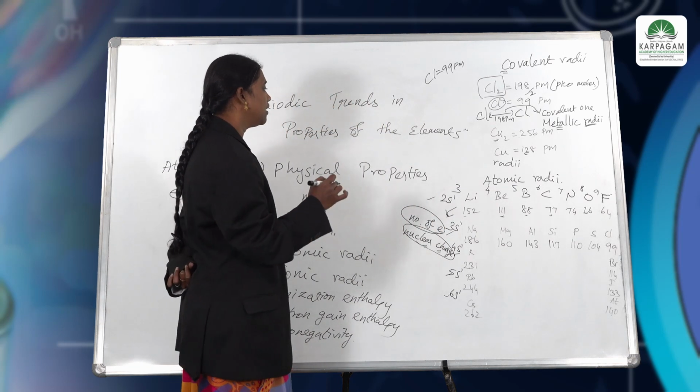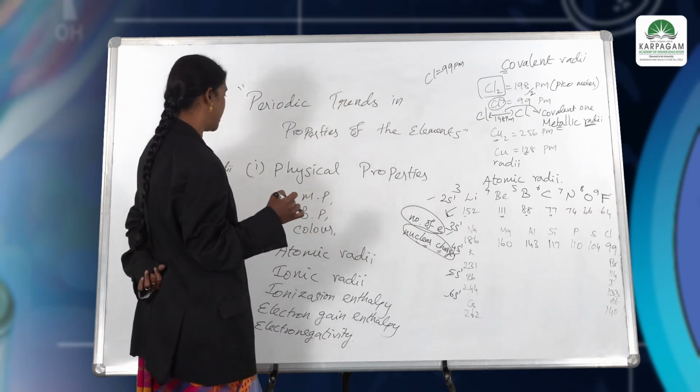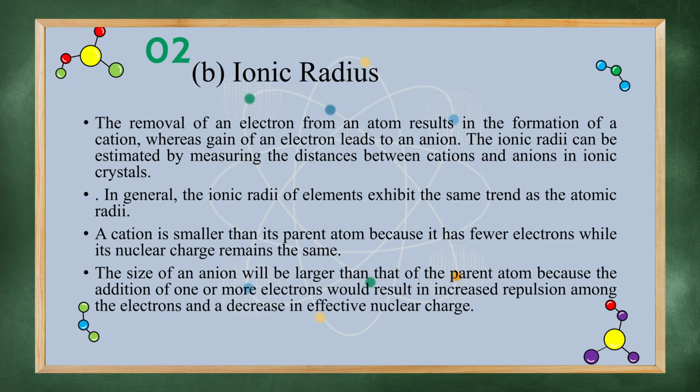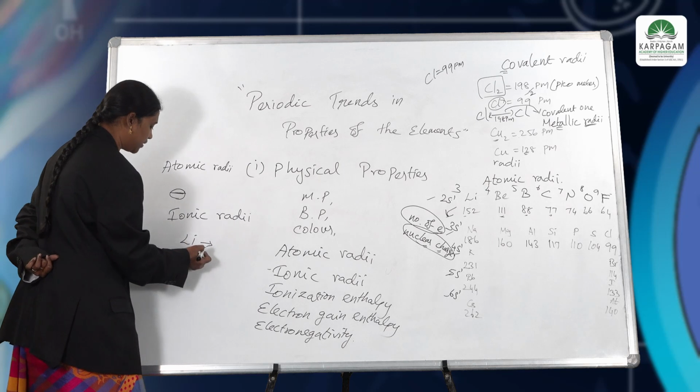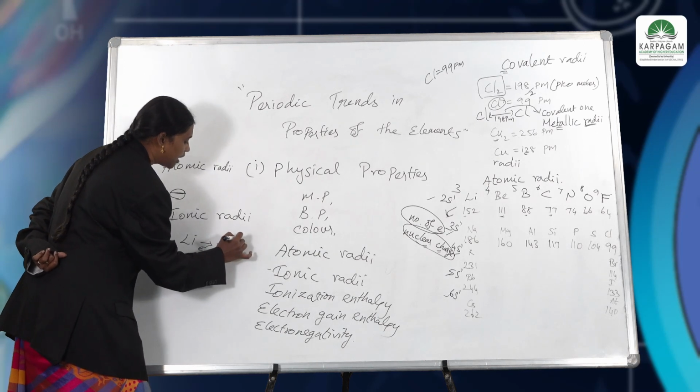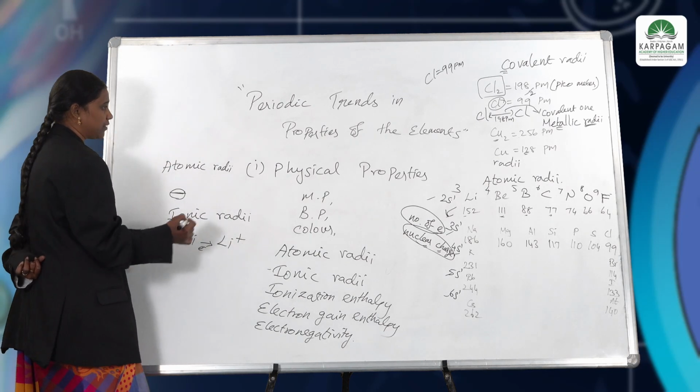In the group it increases due to filling of electrons in the valence shell. This is atomic radii, and the second one is ionic radii. What is ionic radii? If an element loses an electron or gains an electron, it becomes a cation or an anion. Like lithium loses one electron and forms a lithium plus ion.